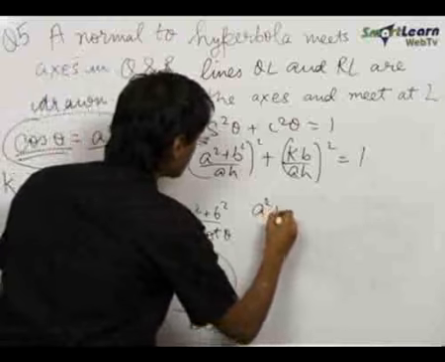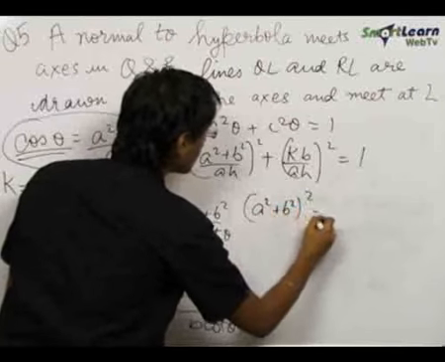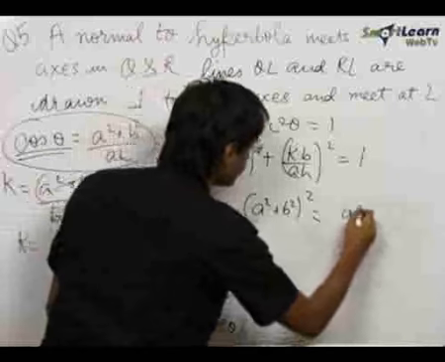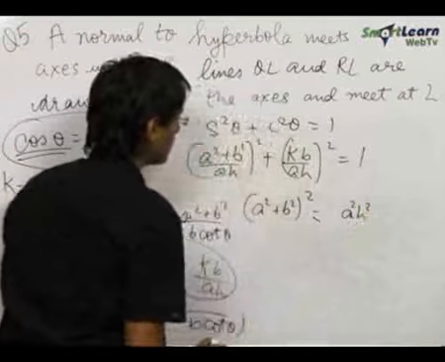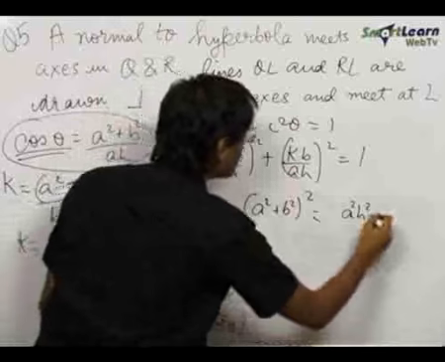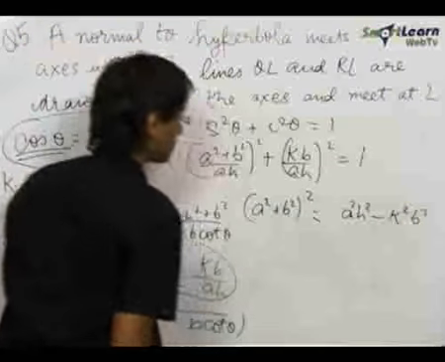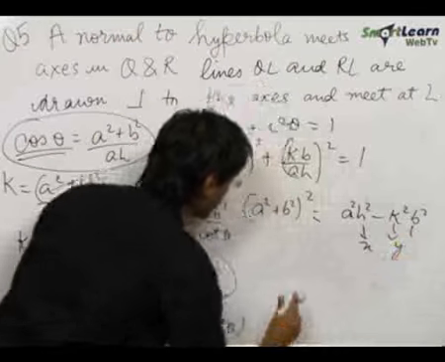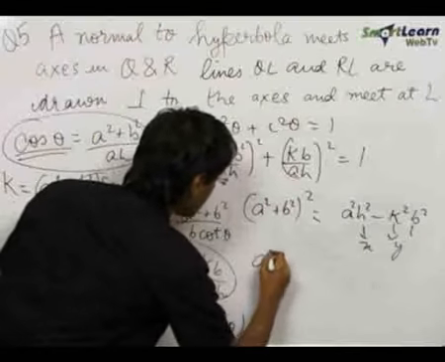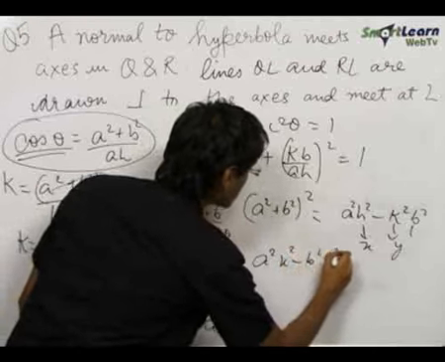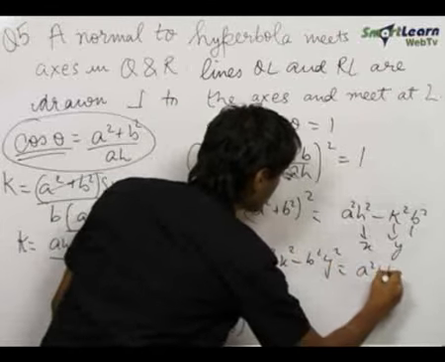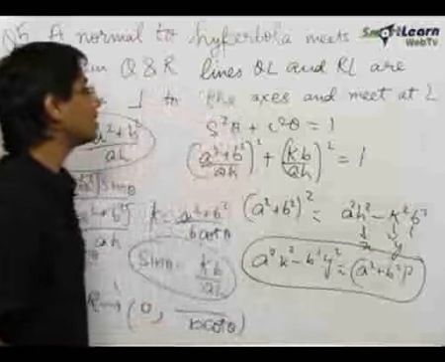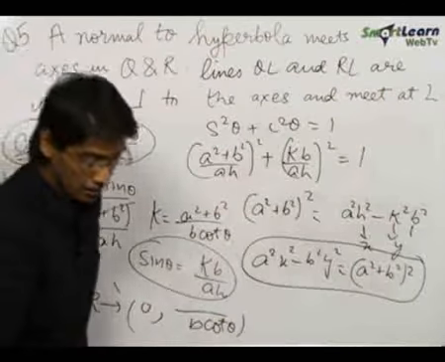So this becomes a square plus b square whole square is equal to ah whole square goes in the numerator of the right hand side to become a square h square minus k square b square. Replacing h by x and k by y as we always do in questions of locus, we get a square x square minus b square y square is equal to a square plus b square whole square. And this is our final answer for the locus of point L.